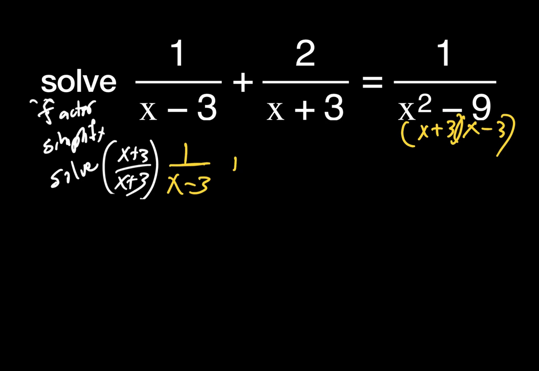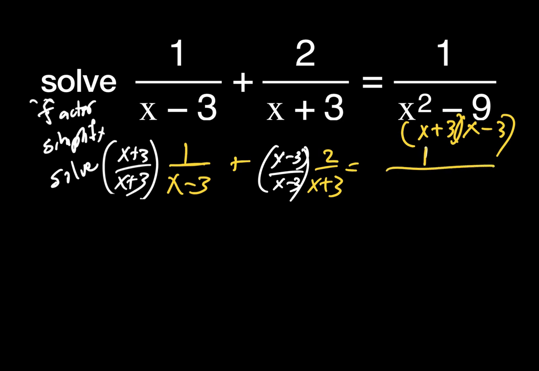All right, then over here plus, I'll have 2 over x plus 3. And that one needs to be multiplied by x minus 3 over x minus 3. So again, now that this denominator is x plus 3, x minus 3, this one's also x plus 3, x minus 3. And the last one over here, I actually don't have to multiply it by anything. It already has the full denominator, 1 over x plus 3, x minus 3.